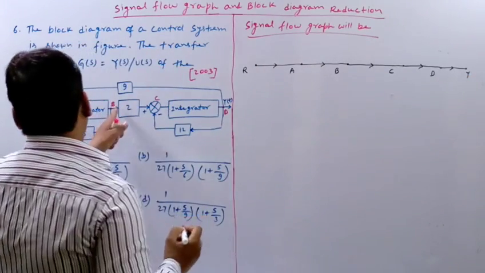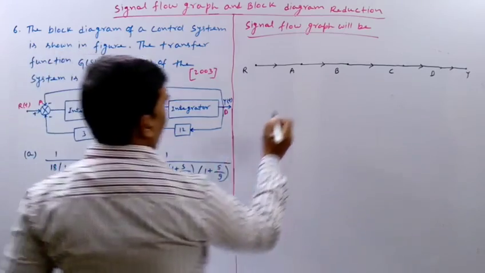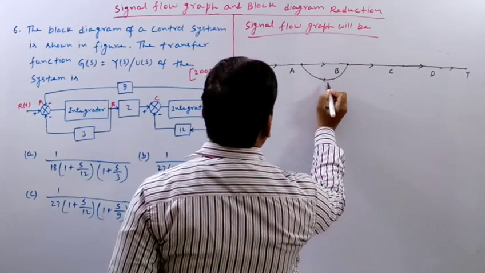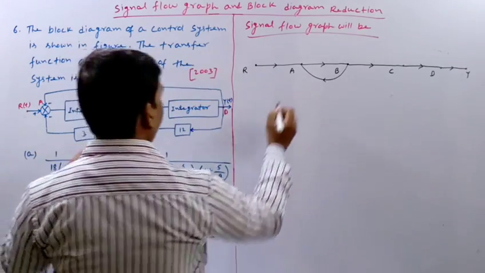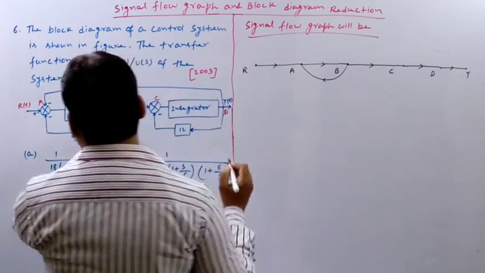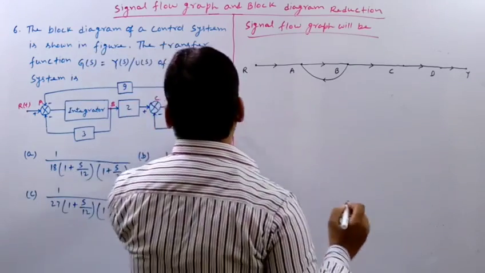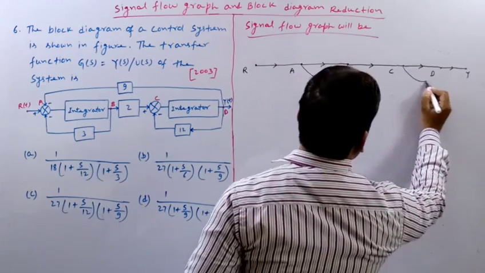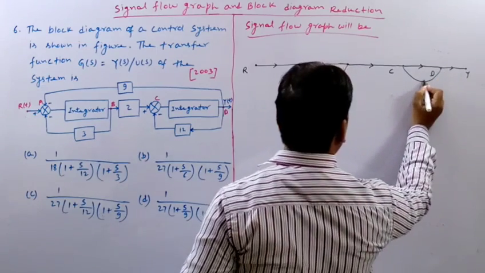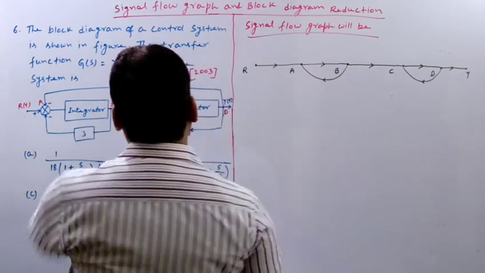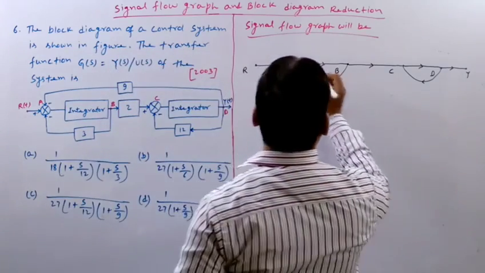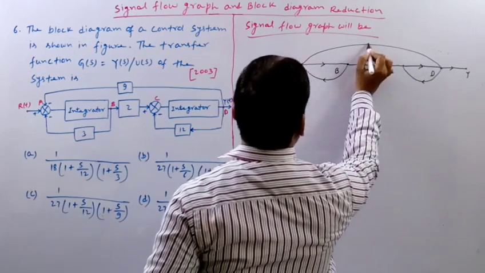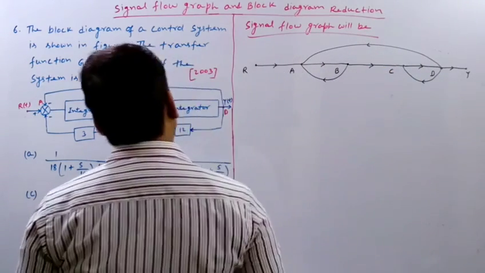Now from B to A, there is one branch having its path gain. Its path gain is -3 from B to A. From D to C there is one more branch. And from D to A, this one is one more branch.